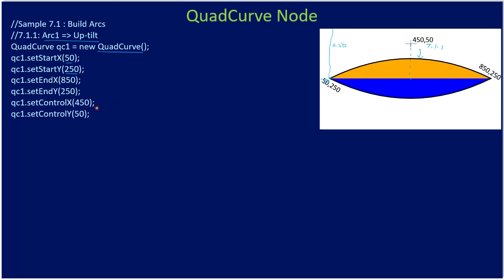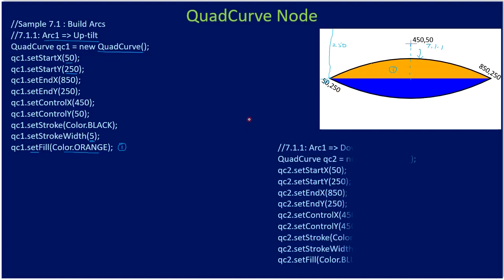Color black, and you can see that here, and the stroke width is 5, the pen thickness for this curve is 5, and set fill, we are filling the orange color, and you can see that here the fill color is orange.